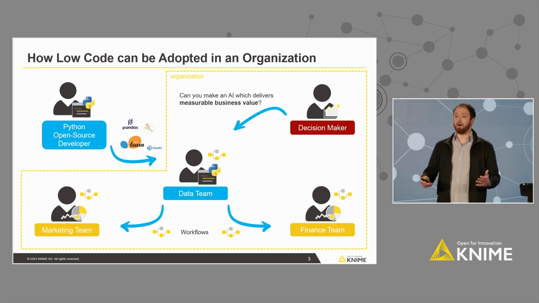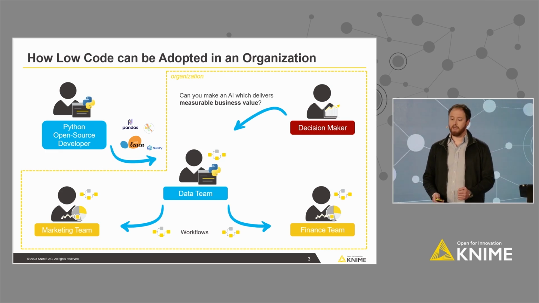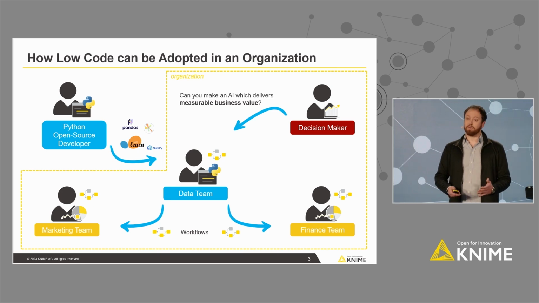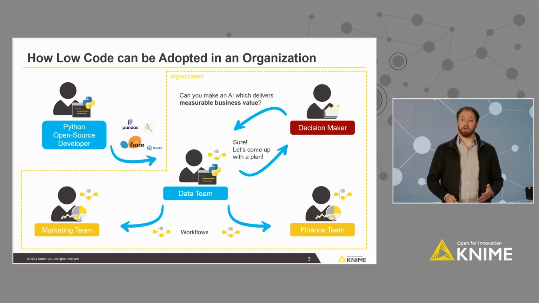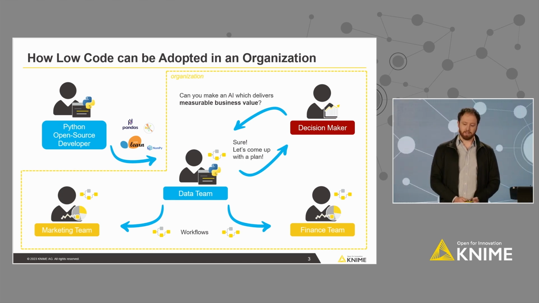They can go on with their analysis independently, regardless of whether Python is adopted or not. And when this is done, the data team has the time to support the decision makers in coming up with a complex plan on something really advanced and for which business value can still be measured.